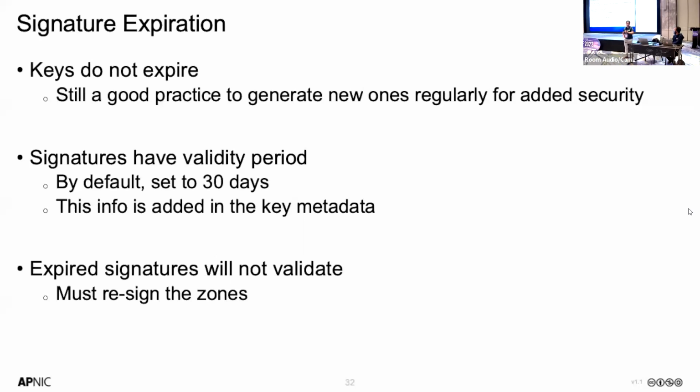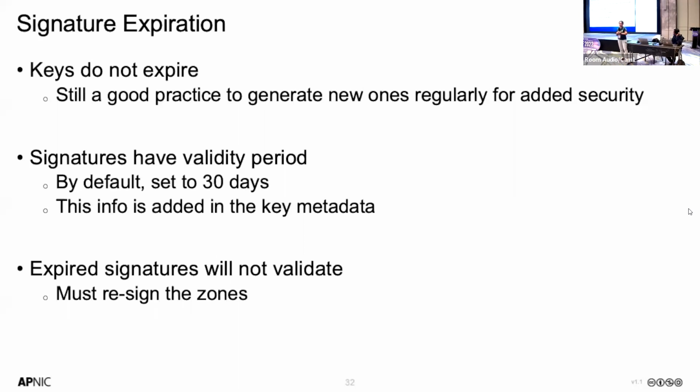Technically, signatures do have expiry, but the keys that you generate don't. But with anything crypto, when you expose keys, it only takes time, and of course the resources required to backtrace that. So as a practice, it's still always good to generate new keys regularly.